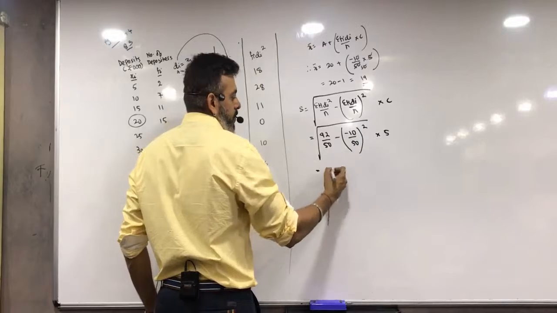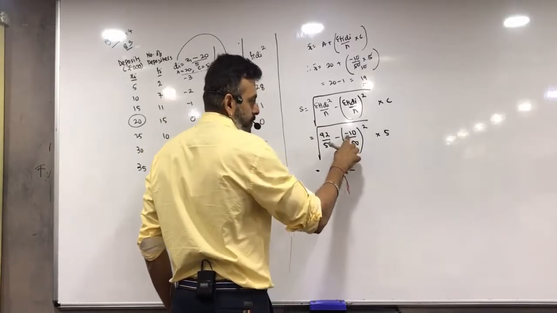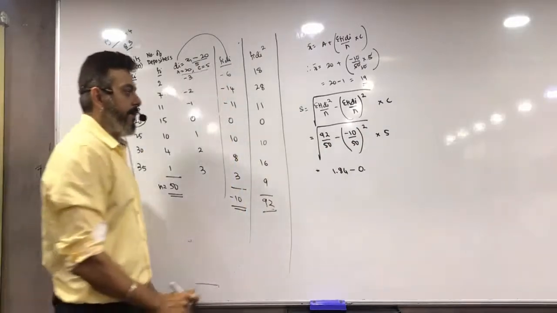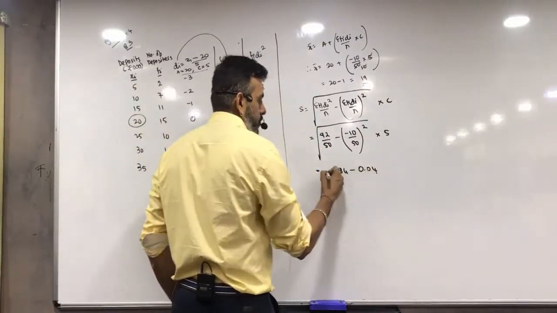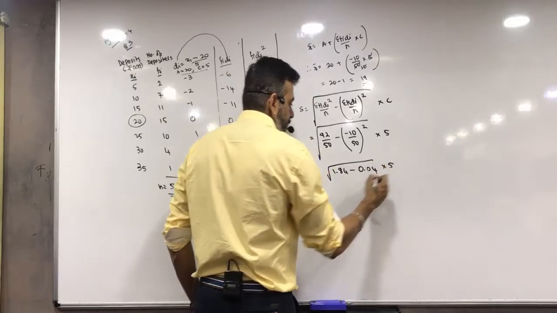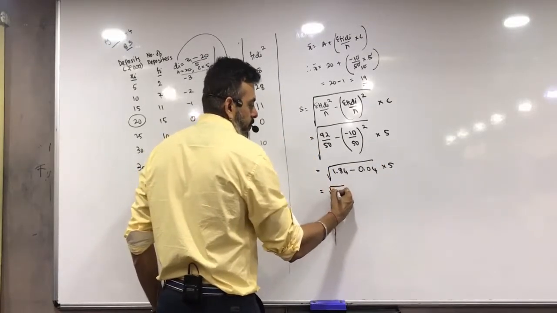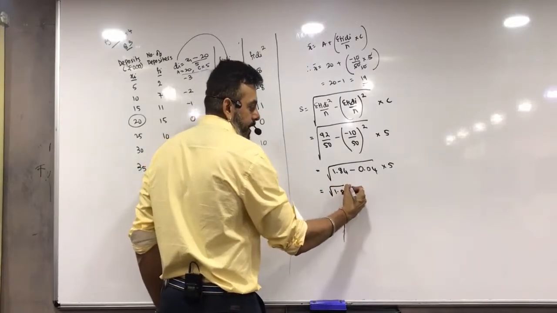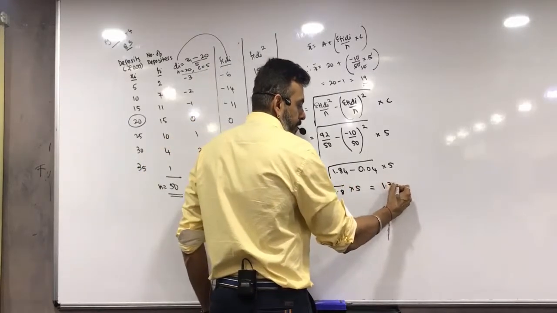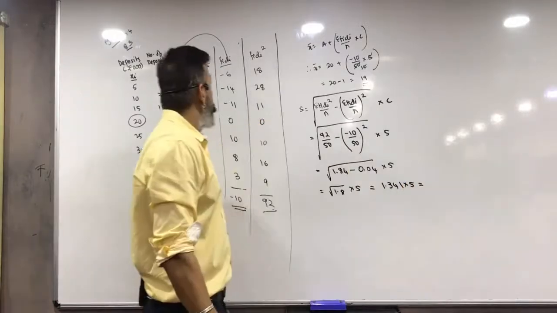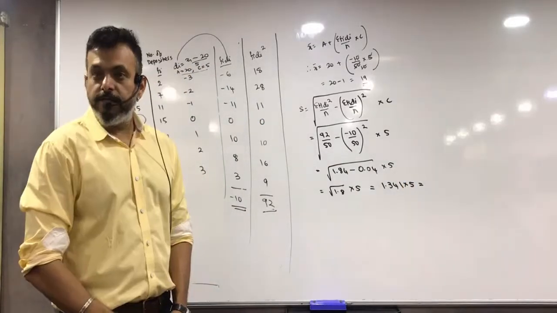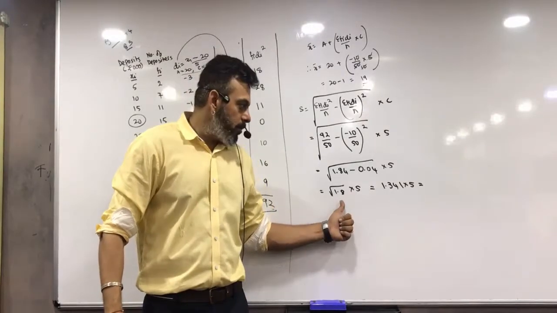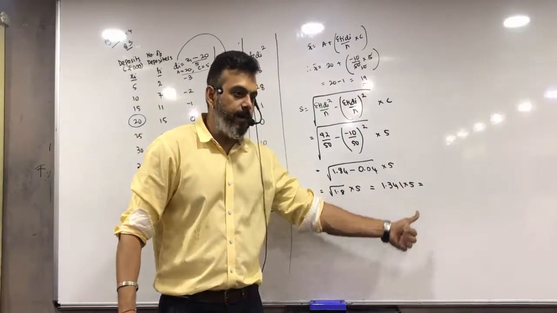That is 1.84 minus, and here minus and then square, so it becomes minus 0.04, into 5, which is the square root of 1.8 into 5. Please pay attention: square root of 1.8 is 1.341, into 5. How is this done? Don't multiply by 5 first. First solve the square root, and then multiply the result by 5.